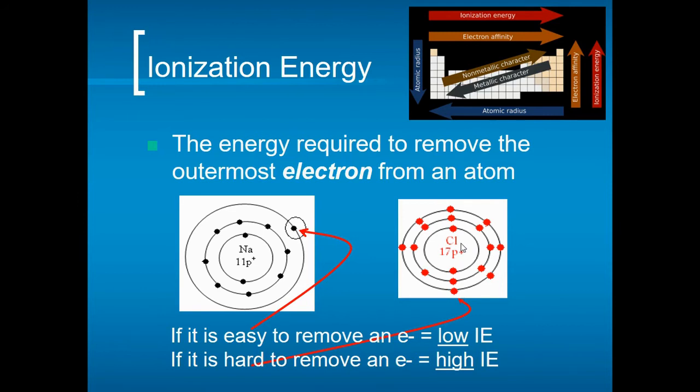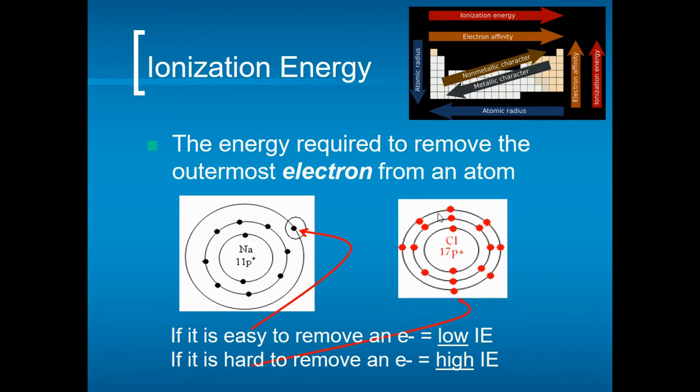If it removes an electron, it gets further away from achieving an octet, which is its goal. So why would it go from 7 electrons to 6? Why would it move away? It's not going to do that because it's not beneficial. So the atom is going to make it extremely difficult for that electron to get popped off, as opposed to something like sodium.